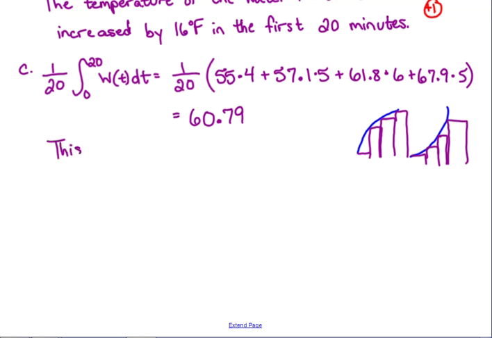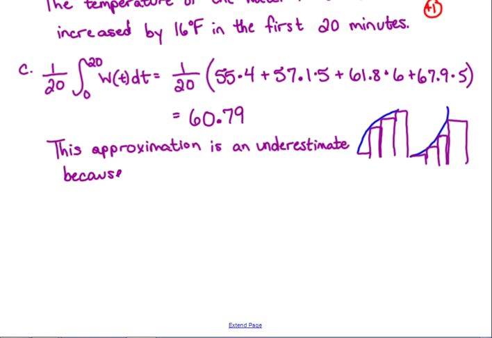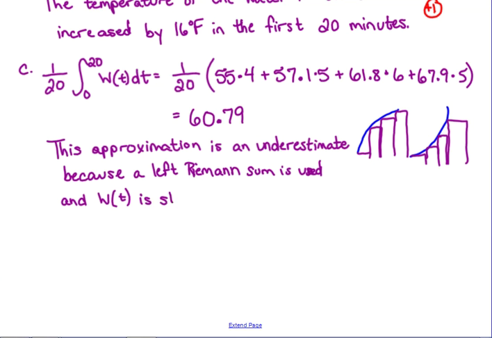So the second part of this problem is to say this approximation is an underestimate because a left Riemann sum is used, and W of t is strictly increasing.